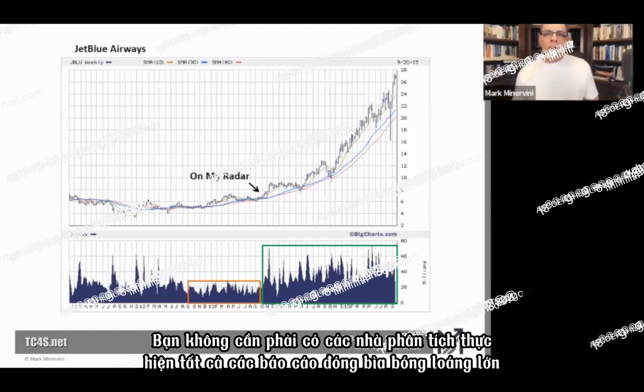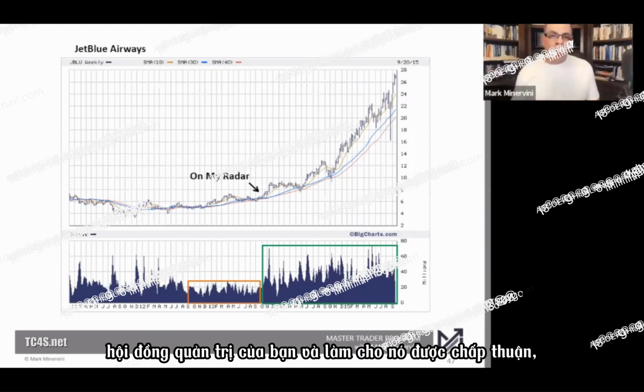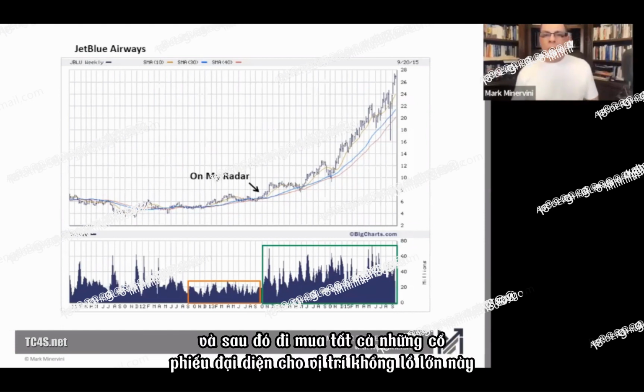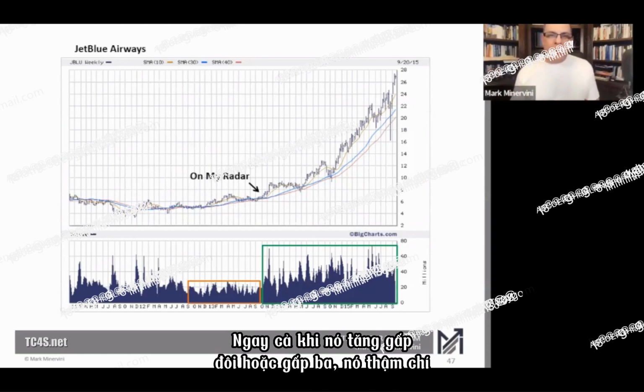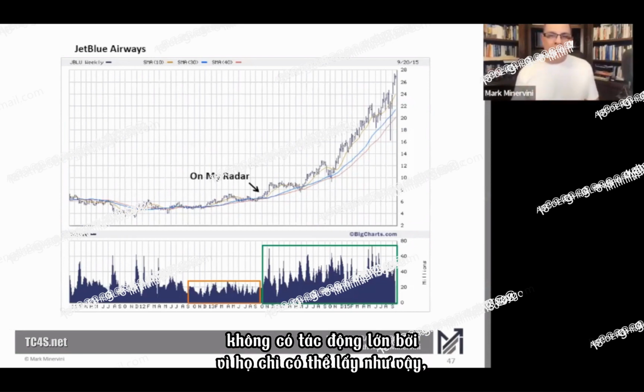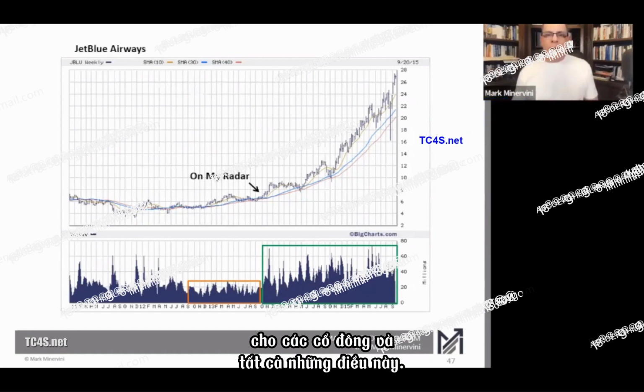You don't have to have analysts make big glossy bound reports and bring them before your board to get approved, and then buy all these shares that represent a big position that still doesn't even represent a very big position of the fund. Even if it doubles or triples, it doesn't have a big impact, because they can only take so much size because of risk and so forth, and reporting to shareholders.